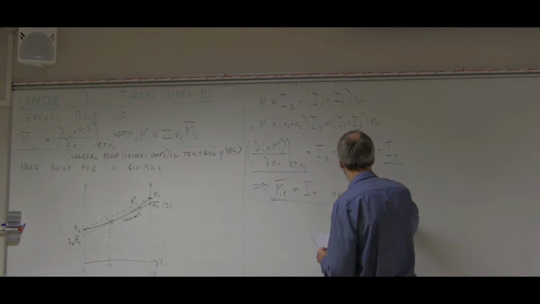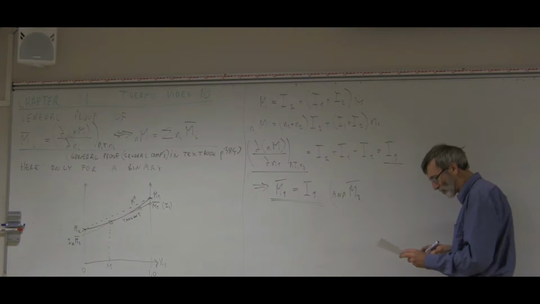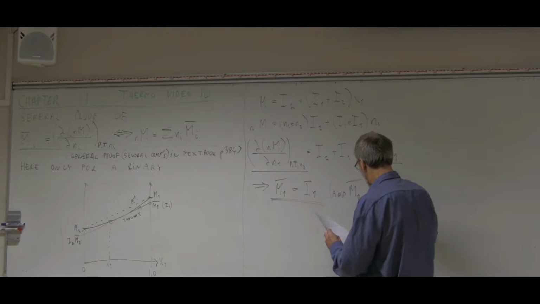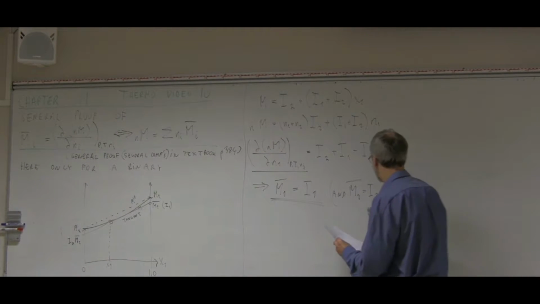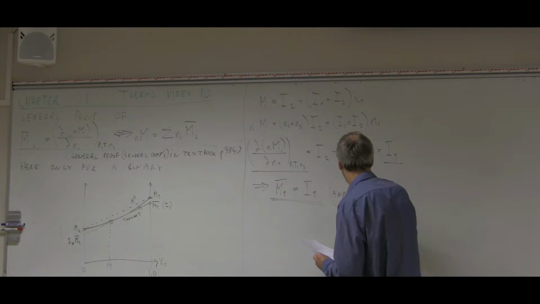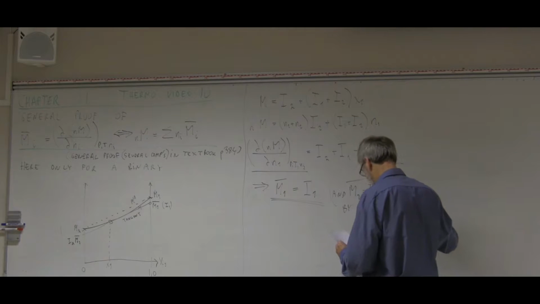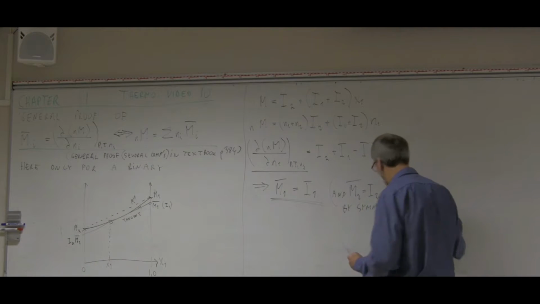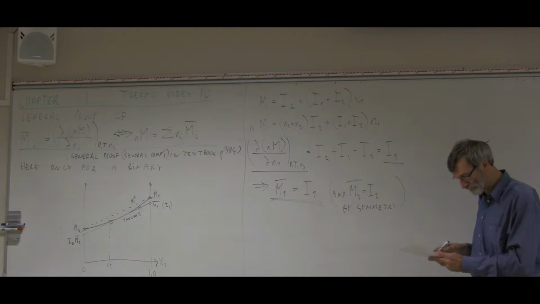And by symmetry, the partial molar property of component 2 is I2, by symmetry. Or we could have done exactly the same for component 2.